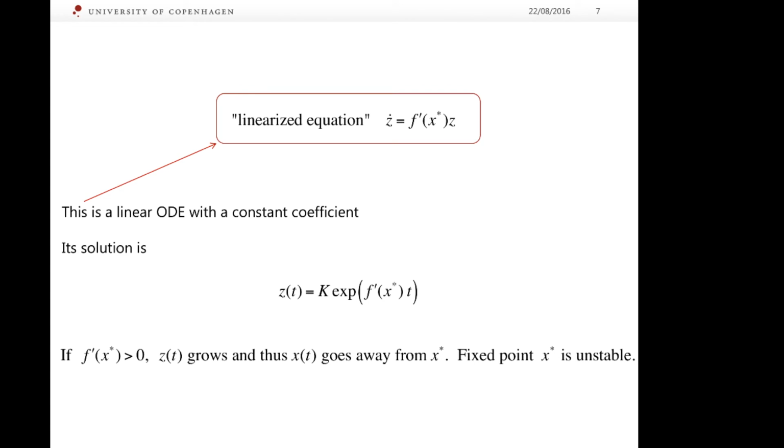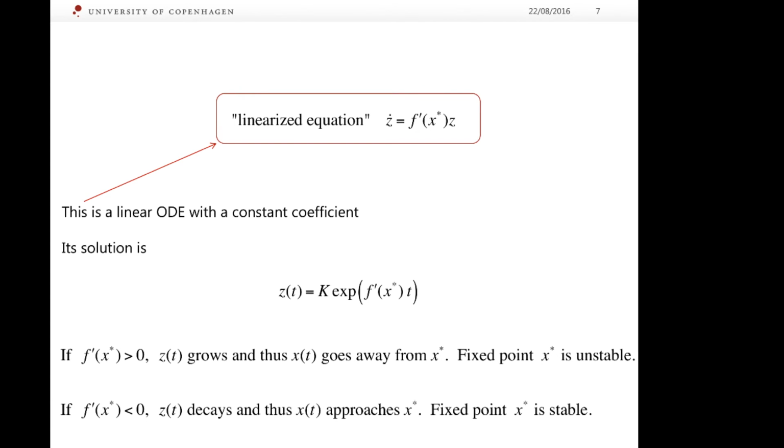So if z grows, it means that the state of the dynamical system goes away from the fixed point, which means that the fixed point is unstable. On the contrary, if the derivative of f at x star is negative, it means that z exponentially decays. And this means that the state of the original dynamical system approaches the fixed point, which implies that the fixed point is stable.